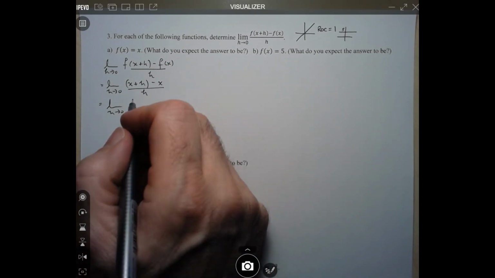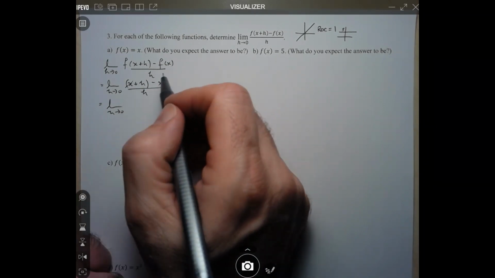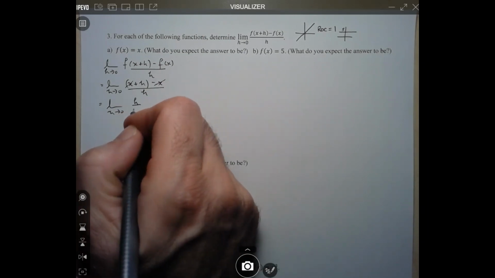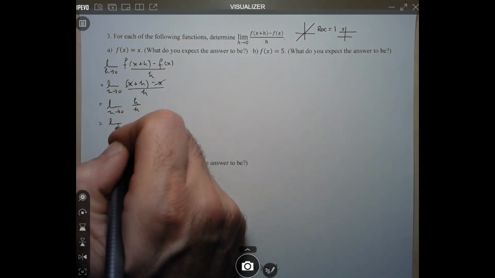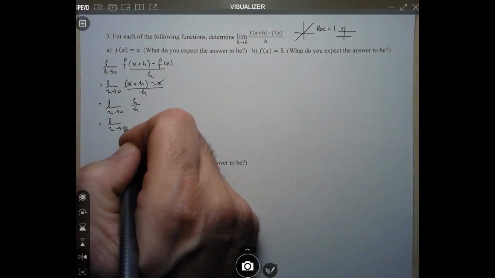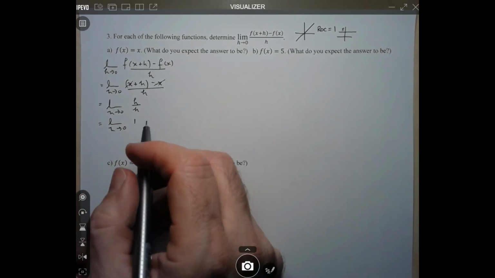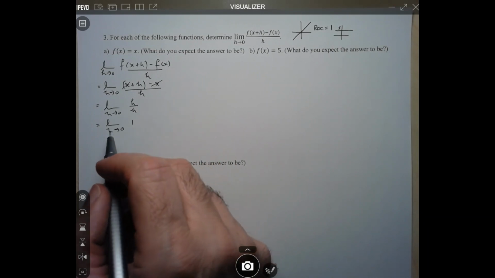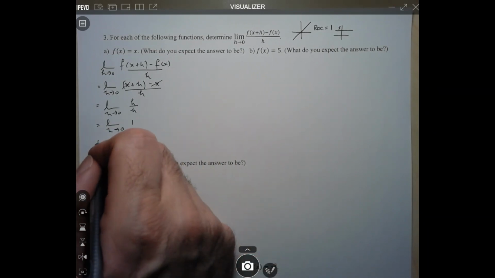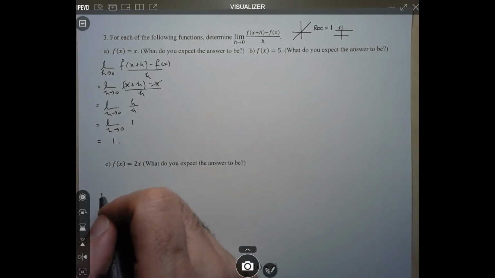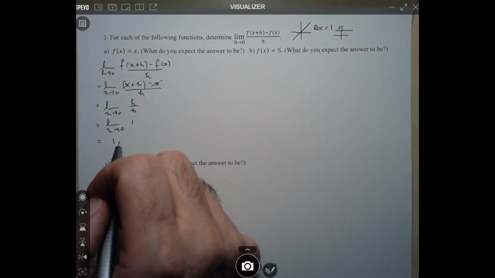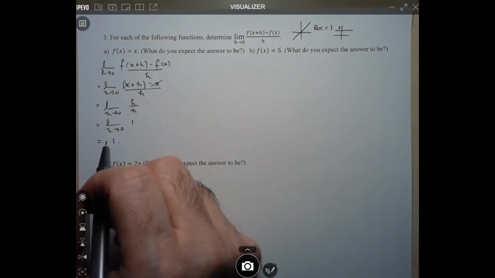Look at what happens: the x's cancel out, and all I'm left with is h over h, which of course is just equal to 1. And as we saw, the limit of a constant, 1, doesn't change as h approaches 0. And look at what we have. This function is just equal to 1, regardless of the value of x.